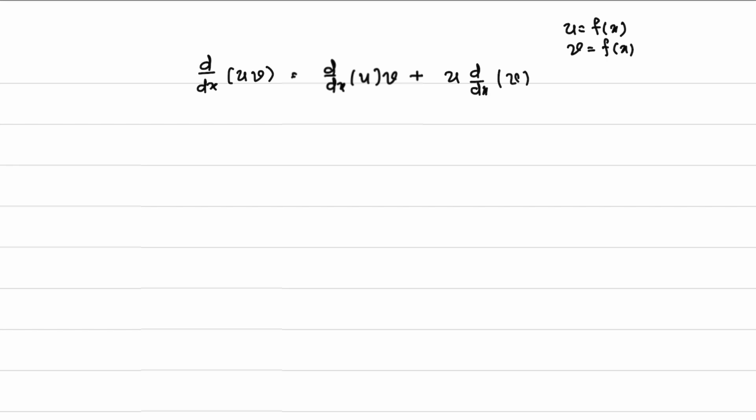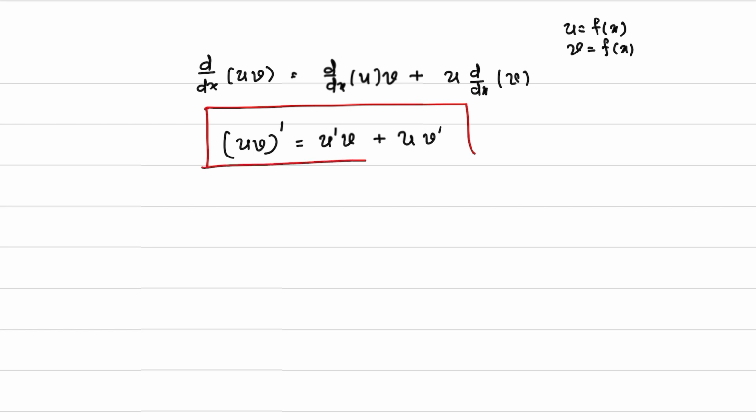Famously it is written as (uv)' = u'v + uv'. From your basic differentiation, I think you know this. If somebody doesn't know this formula, you can use it and find out the velocity.